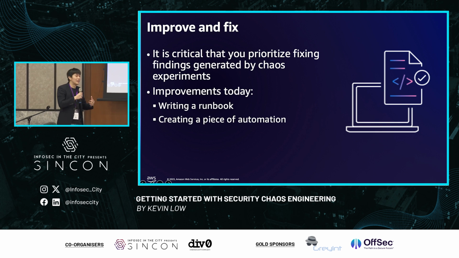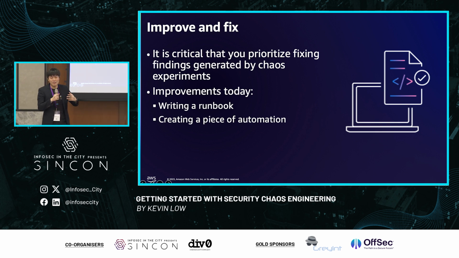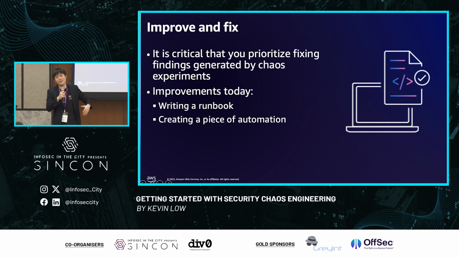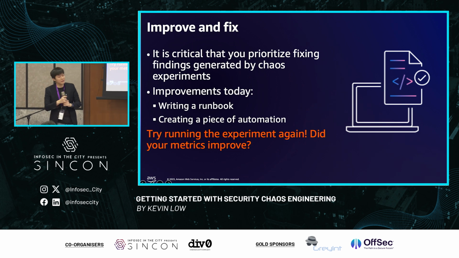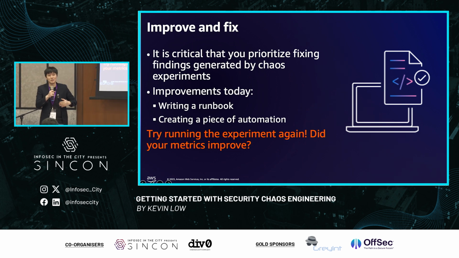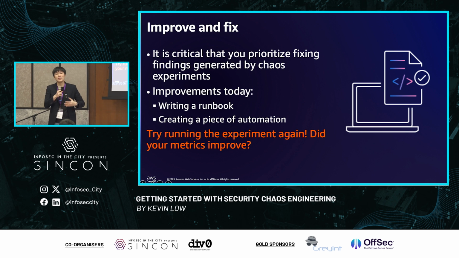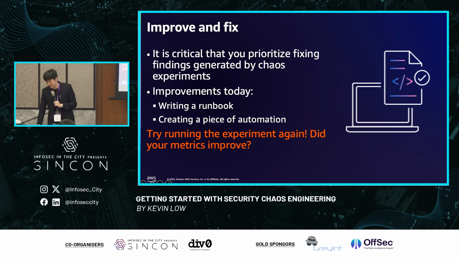For example, in the US, Prime Video has live sports events, right? They actually run game days, so simulated events, like 5 times a week to make sure that their system can handle it. So, most importantly, you try running the experiment again. You see if your metrics improved, you see if your automation worked, and you slowly improve through that process.